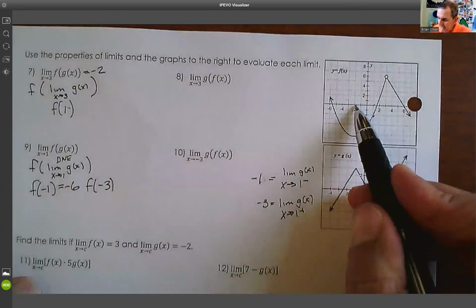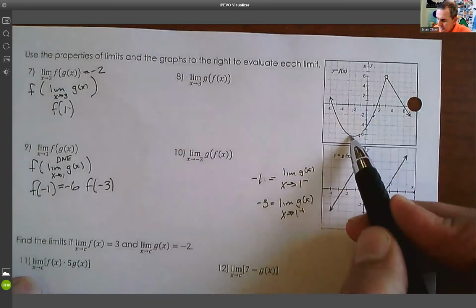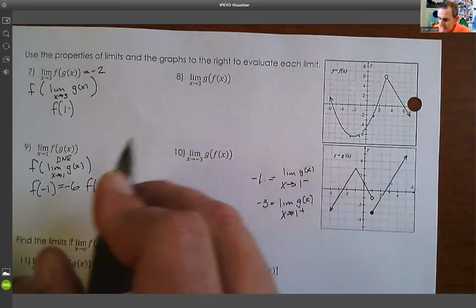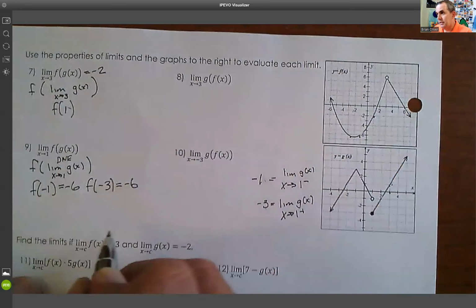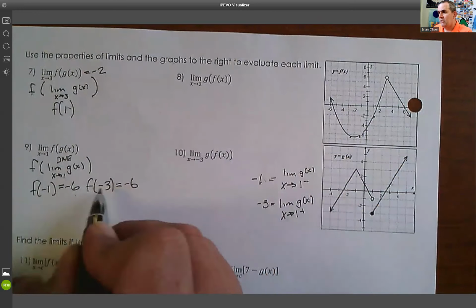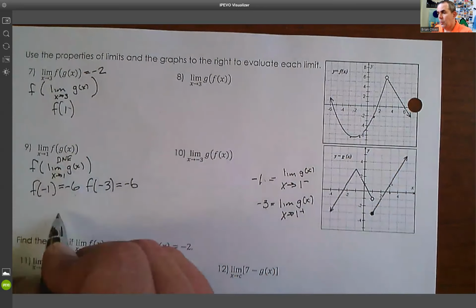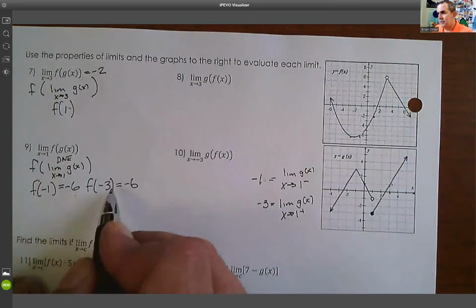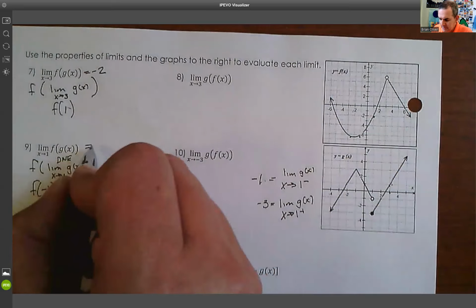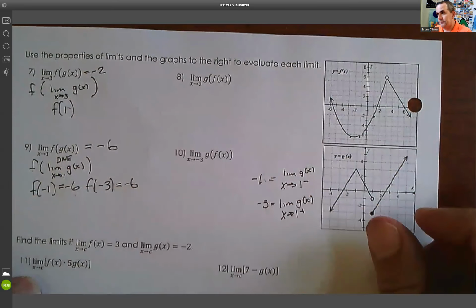If I look at -3 and trace it down, the function is also -6 there. These two numbers are the same. So while this limit doesn't exist, when I take the composite function, since these two numbers are the same, we're actually going to have a -6 there.